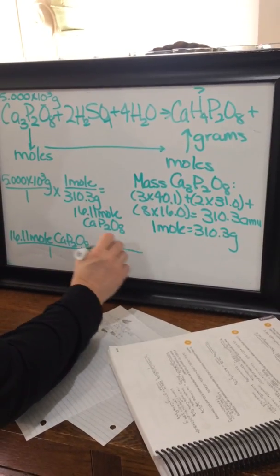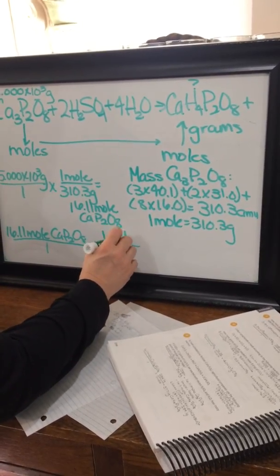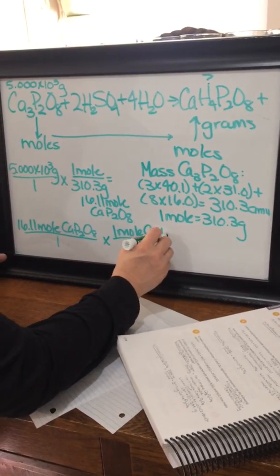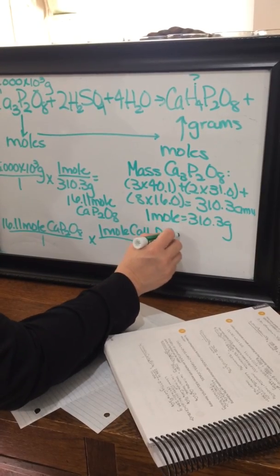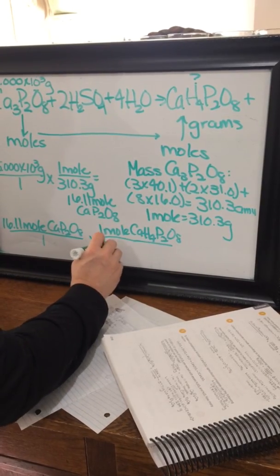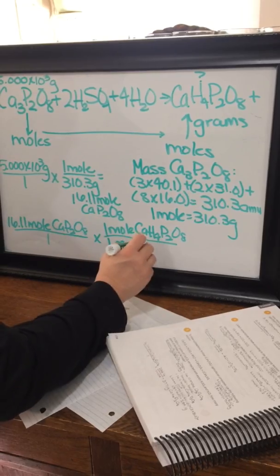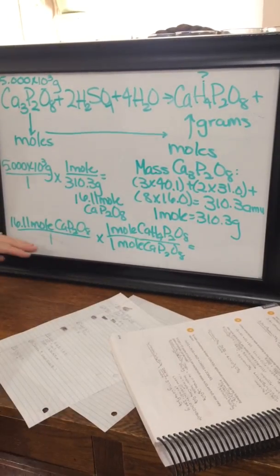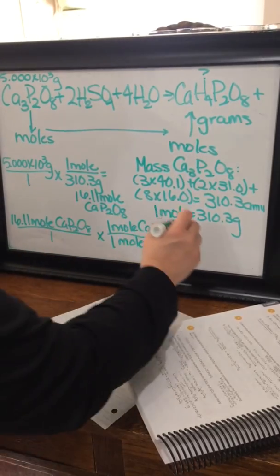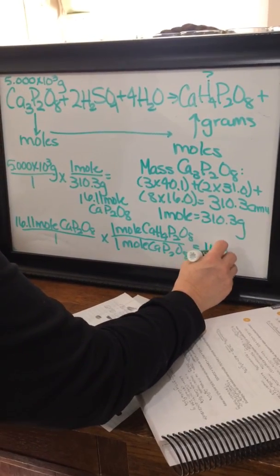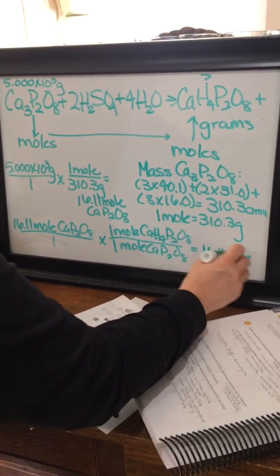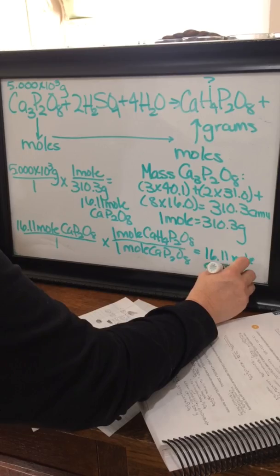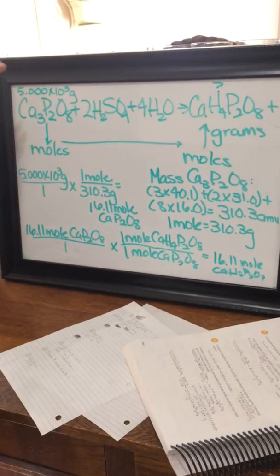Is 1 mole of CaH4P2O8 over 1 mole of Ca3P2O8. Okay? And so you're going to end up with the exact same answer, obviously. You're going to end up with 16.11 moles of CaH4P2O8.